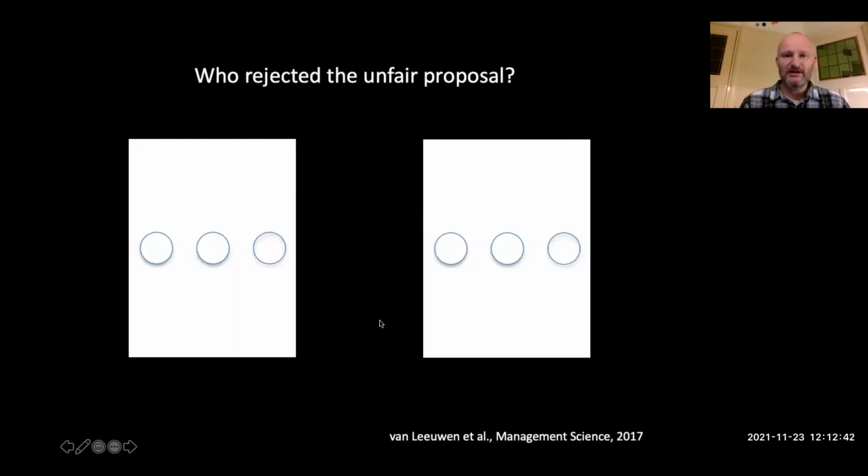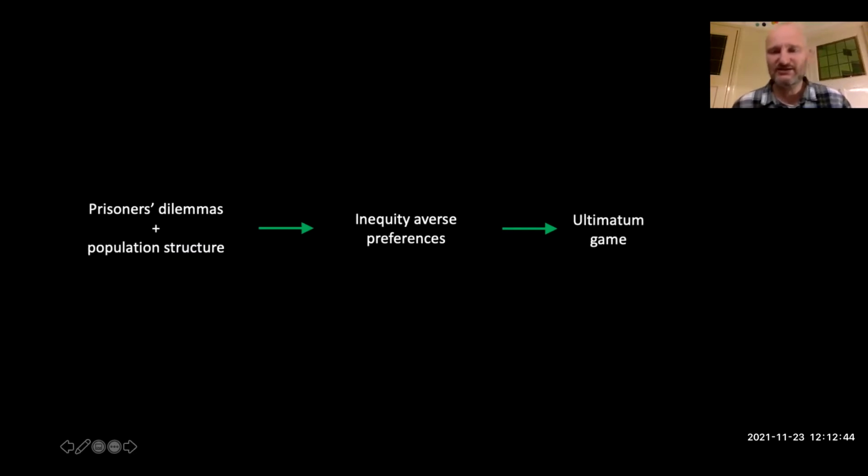Now, one thing that I mentioned is that what needs to happen is that the proposers understand the difference between those that are committed to rejecting and those that aren't. So I just wanted to also include a fun experiment here. That's one where we had people in the lab play a simple version of the Ultimatum game.